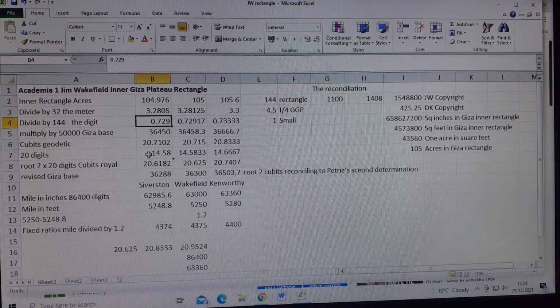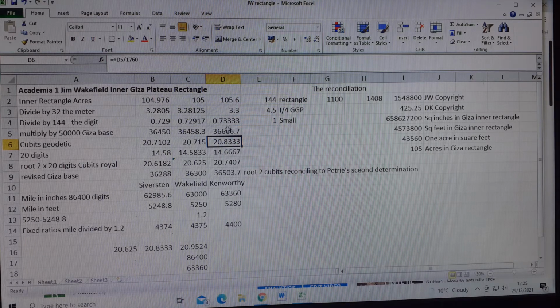And we get this 0.729 digit, which when we multiply by 50,000, we get 36450 imperial inches as the Giza base. Now, the cubit that works with that is the geodetic cubit, and we've got to divide by 1760. So B5 divided by 1760 is that. And then we have to divide this one by the same and this one by the same. And we get 3 cubits.